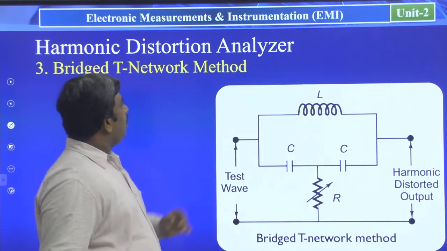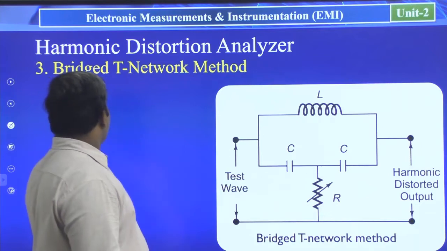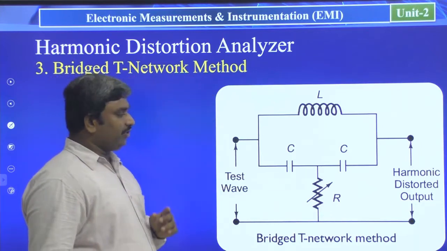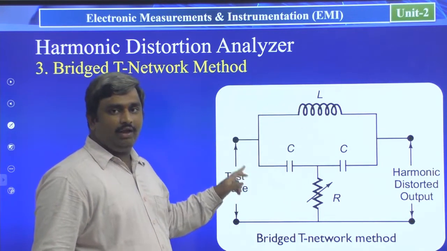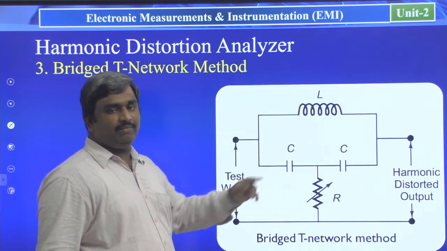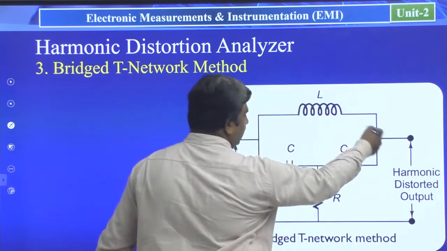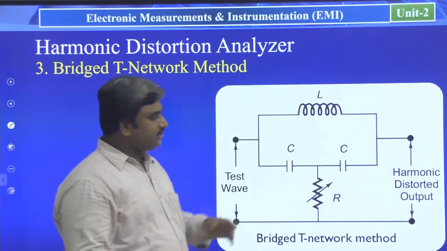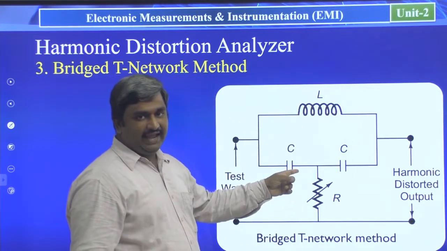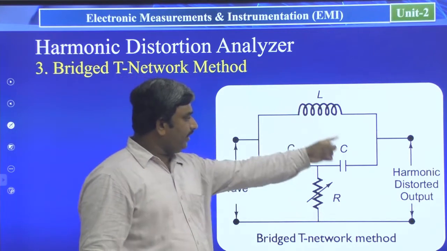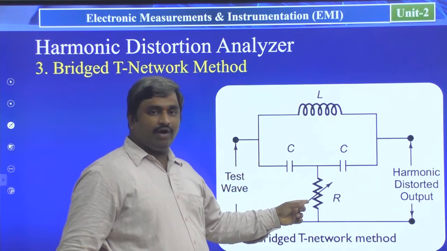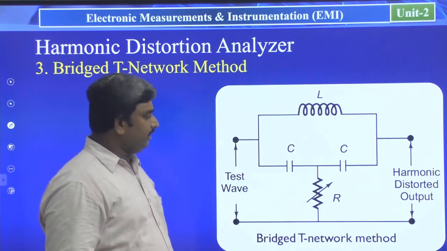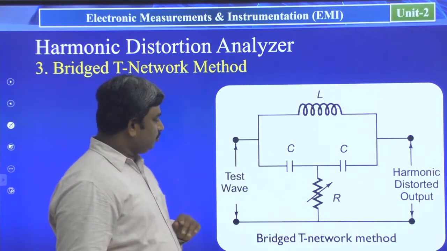Next, coming to the harmonic distortion analyzer using the bridged T-network method. We have taken a bridge network, but this is the T-type style. In this T-type style, first we have LC tank circuit components, and across this LC a variable resistor is connected in parallel. This is the total arrangement.